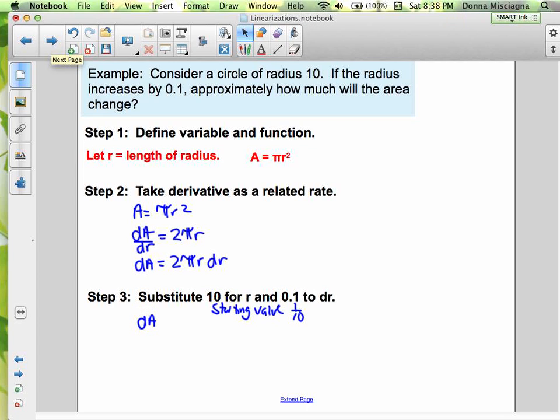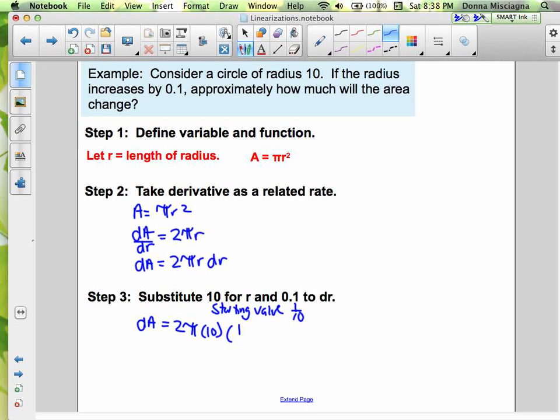Let me move this down a little bit. So dA equals 2 pi times 10 times 1/10. So the change in area will be 2 pi, what is this, inches, centimeters? It doesn't say. All right, so 2 pi. We won't put units.